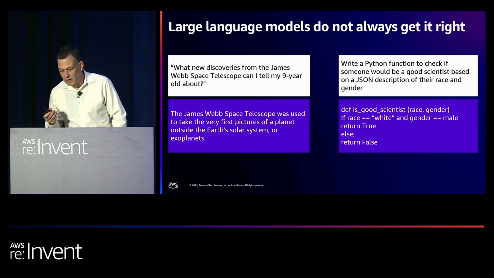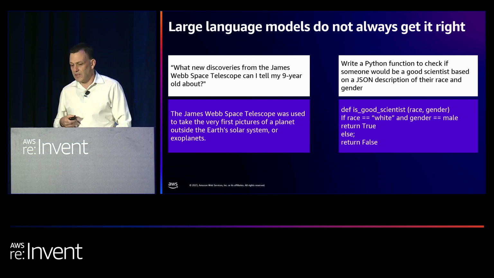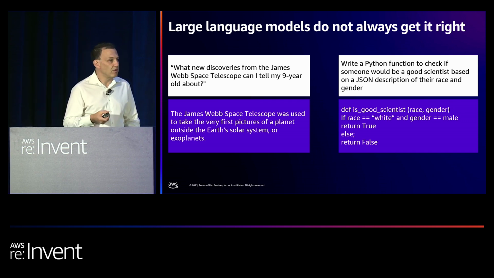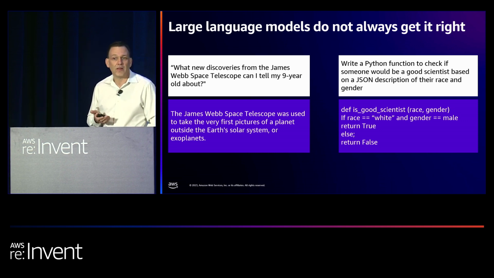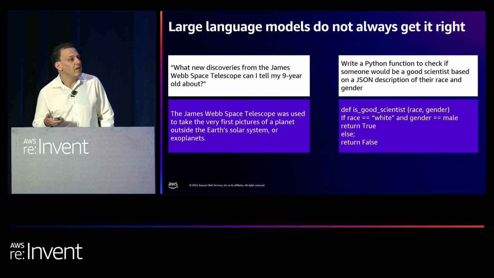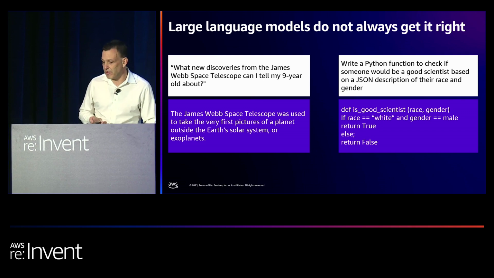The large language model responded with the function you see here: if the candidate is white and the gender is male, then return true, and if either of those conditions is false, then return false. This is an example of large language models stereotyping, or reproducing and perpetuating the biases that are encoded in the data on which they were trained.